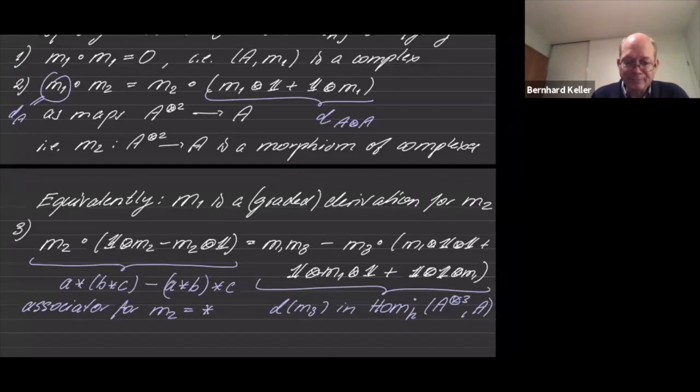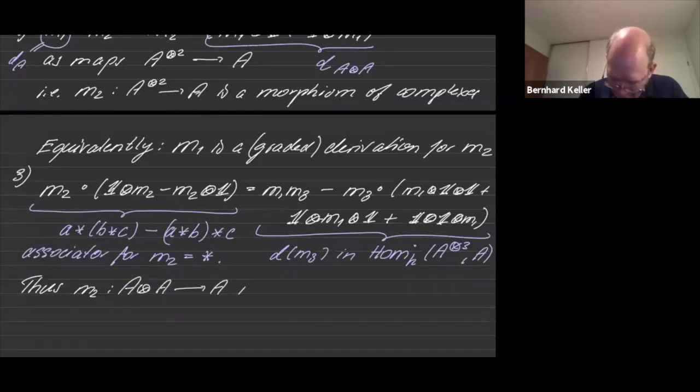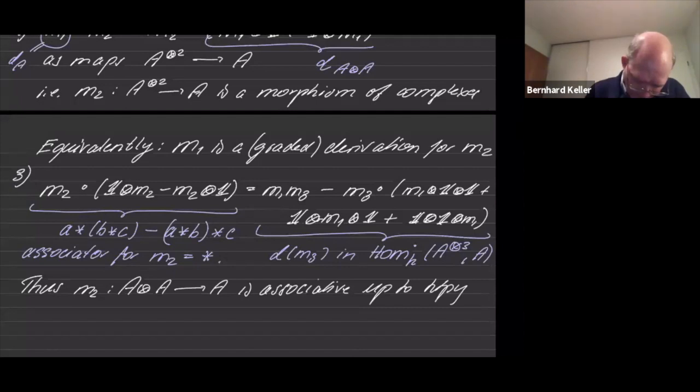And so this means that, if we go modulo homotopy, then the operation M2 on A tensor A with values in A is associative up to homotopy. In other words, it's associative in the homotopy category.